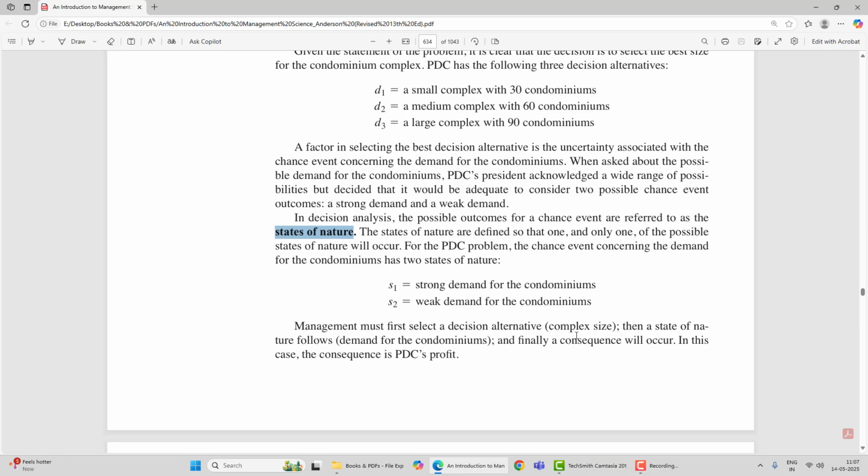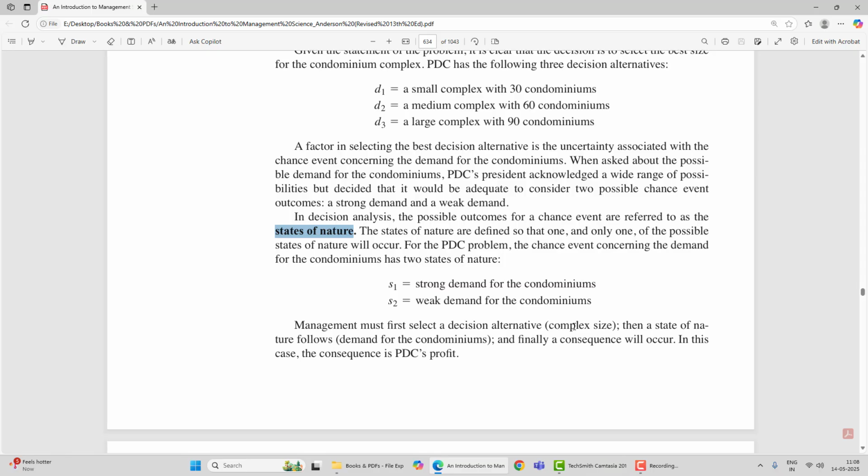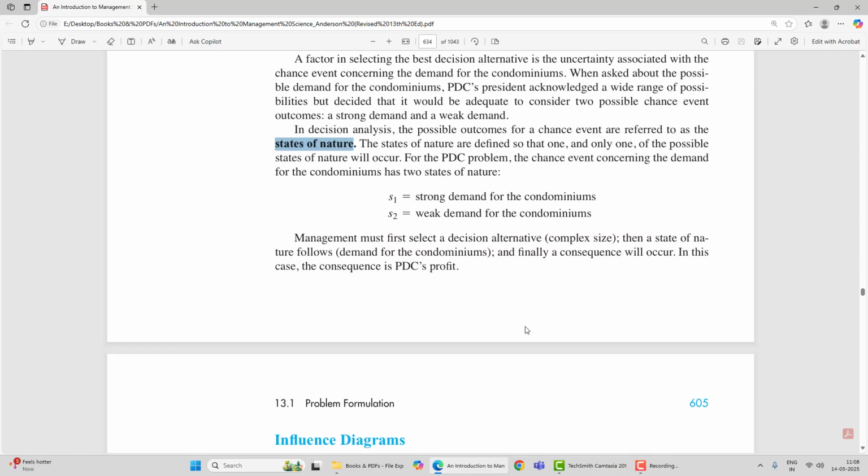Consequence is the financial result of the combination of the decision taken and the state of nature: whether the PDC company will make a profit or loss, and of what size. That is also called consequences.